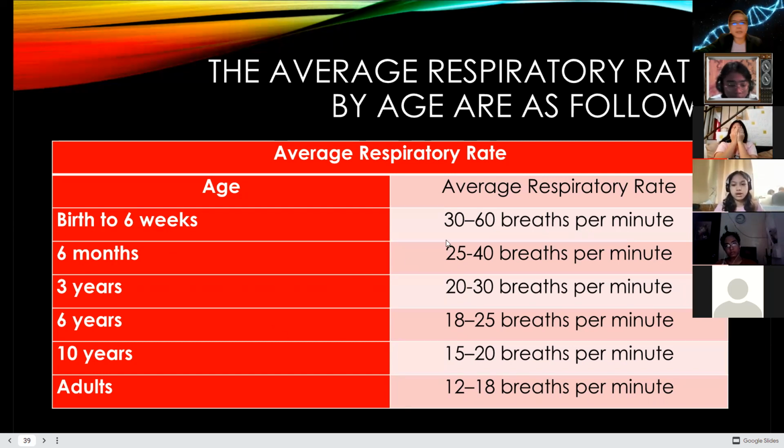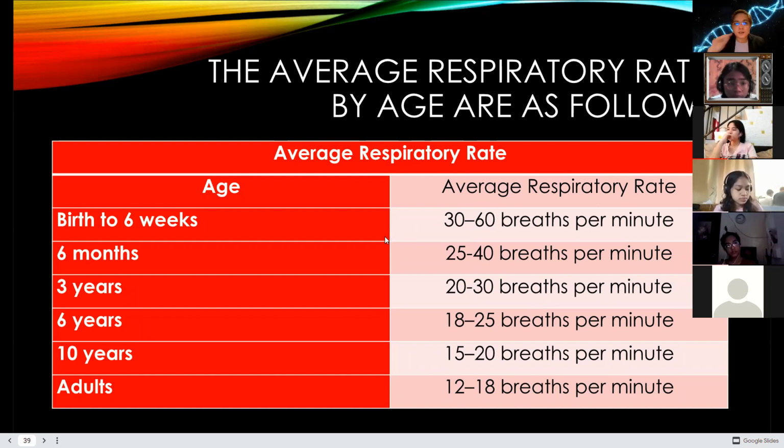Why is it so fast in babies? Newborns don't actually know how to breathe that easily. They're actually gasping more air, right? Their lungs are not fully developed yet. That is the reason why.